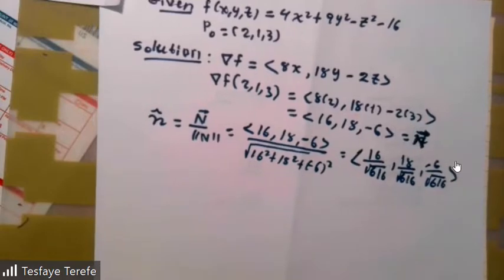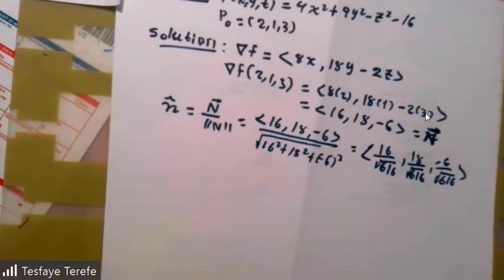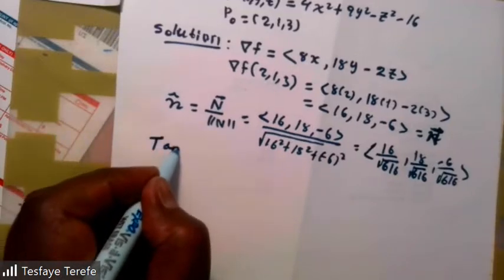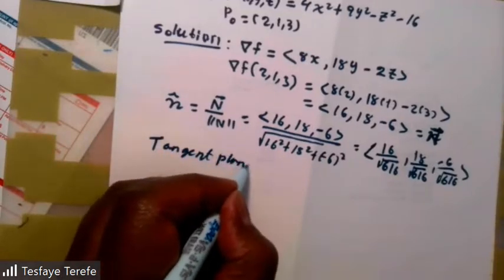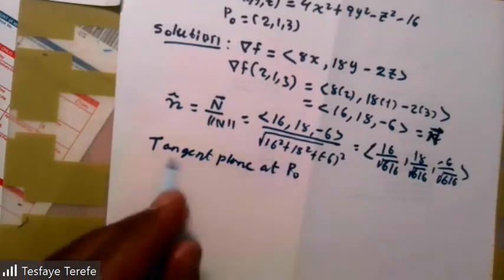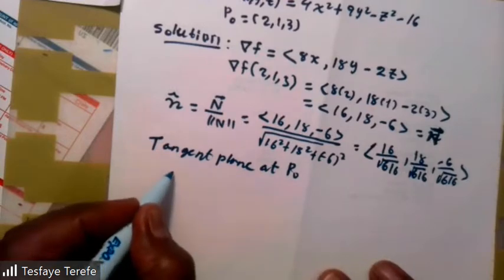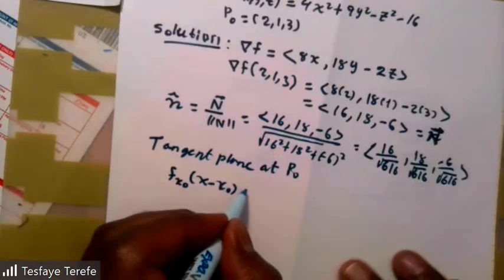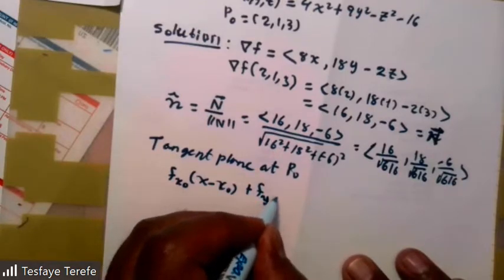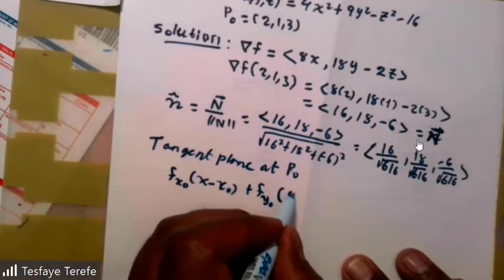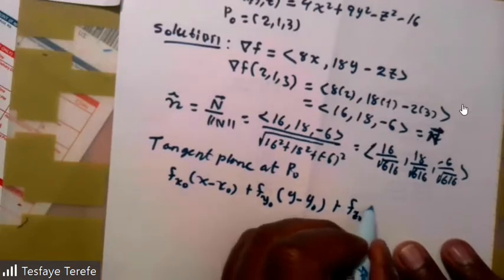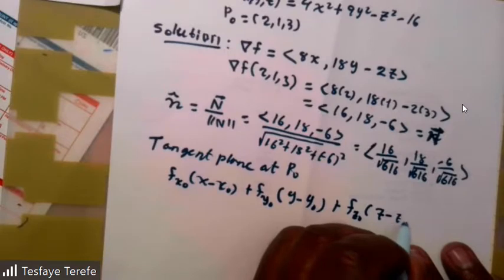So this is a unit vector. Now the unit normal, what we were asked for, is found. Then the tangent plane at P means we have the gradient at x sub 0 times x minus x sub 0, plus the gradient at y sub 0 multiplied by y minus y sub 0, plus the gradient at z sub 0 multiplied by z minus z sub 0, equals 0.